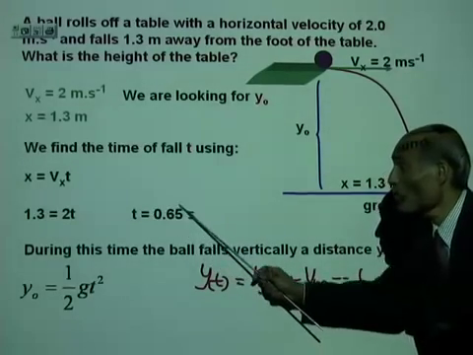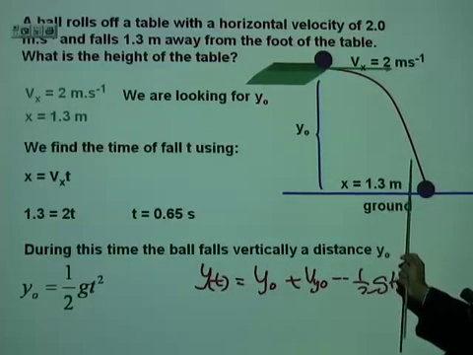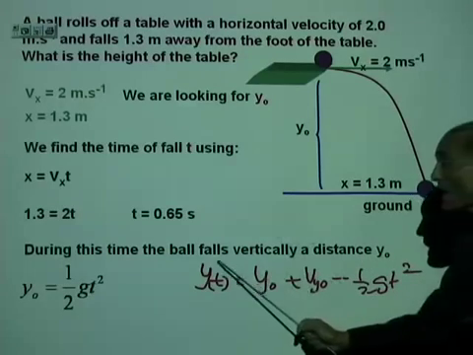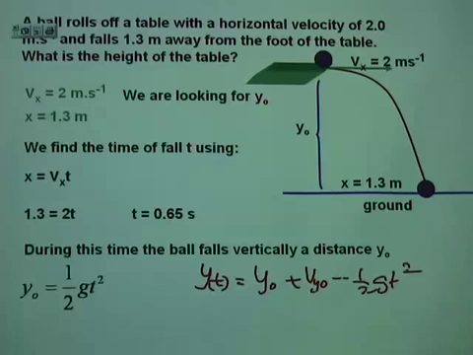During this time, 0.65 seconds, the ball falls to the ground in that time, then y will be 0. And of course the initial y velocity is 0. So I could write 0 equal to y0 minus 1/2 gt squared.